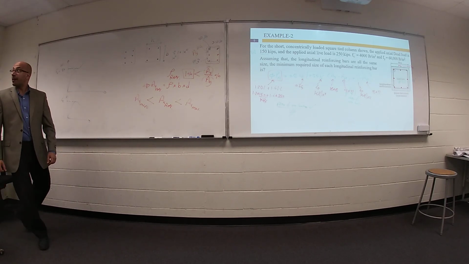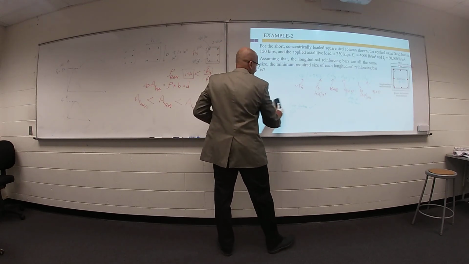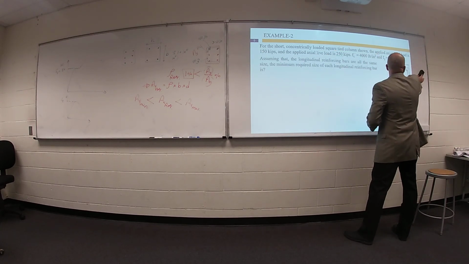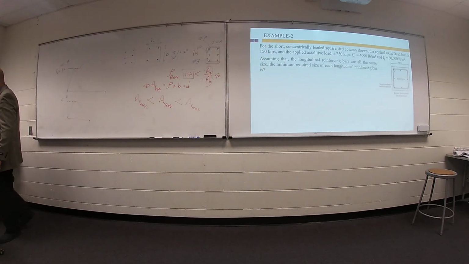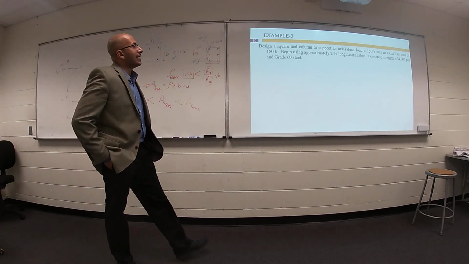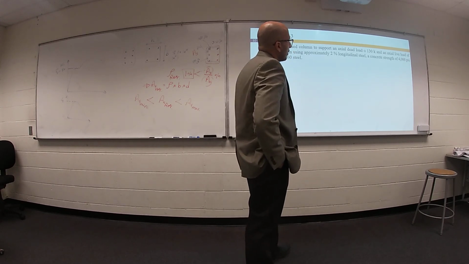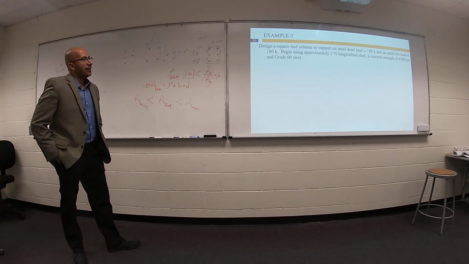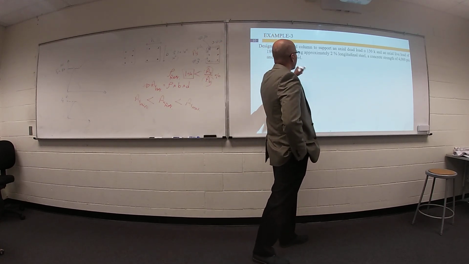One more example. Last one, promise. Design a square tied column to support an axial dead load of 130 kips and an axial live load of 180 kips. Concrete strength 4000, steel grade 60.